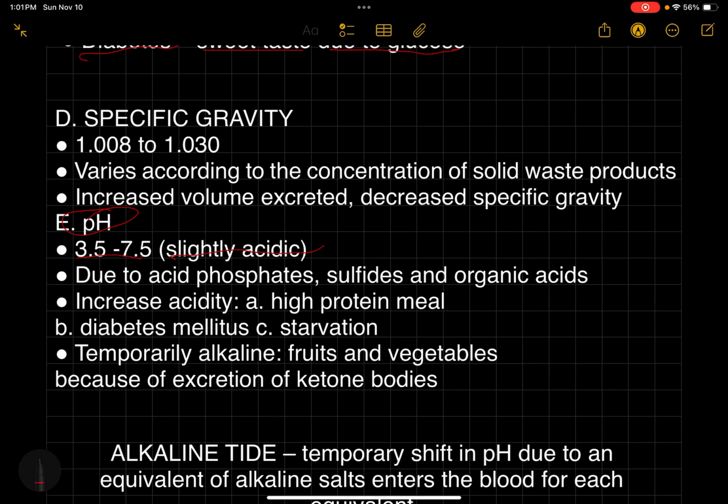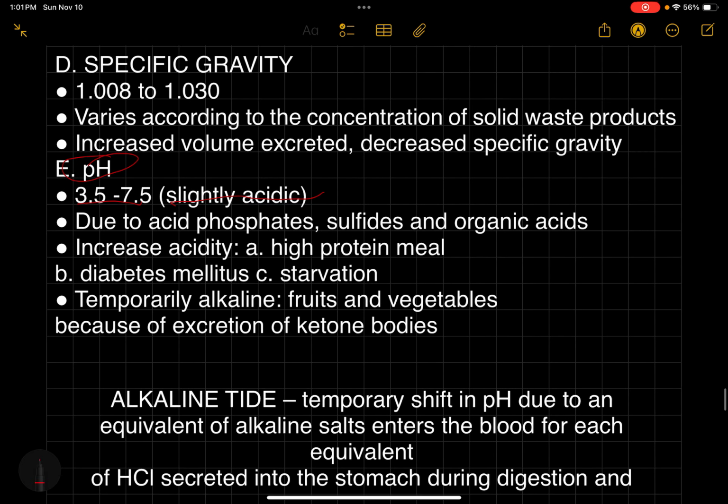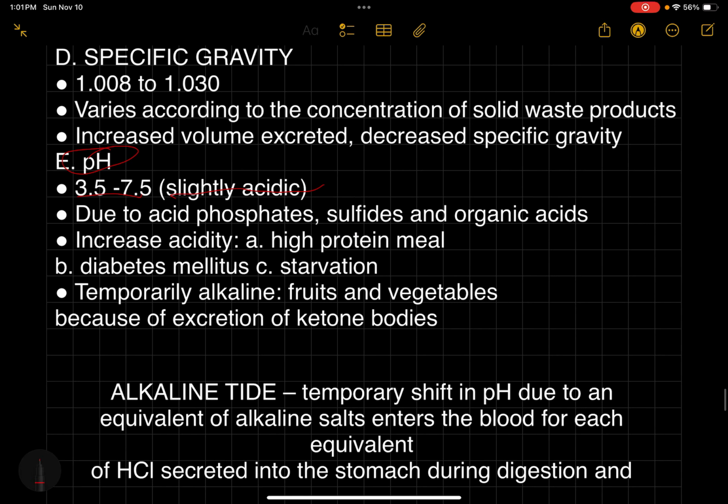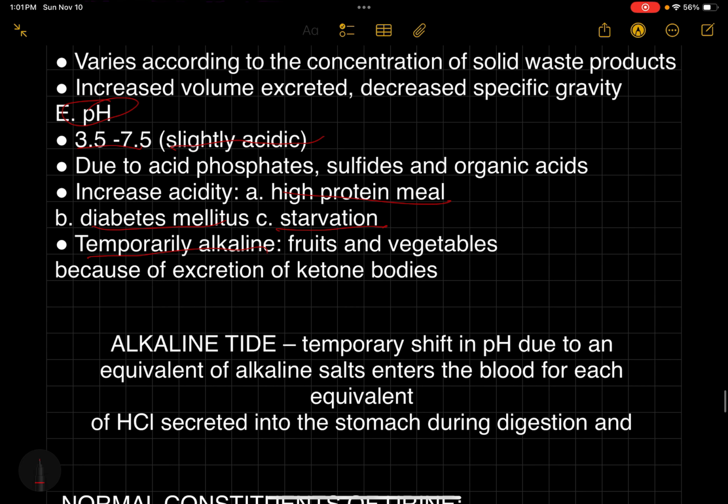When you perform it in your laboratory, you will see on the litmus paper that red stays red, since it is acidic, and blue litmus paper turns red because it is acidic. This is due to acid phosphates, sulfates, and organic acids. Acidity increases with a high protein meal, diabetes mellitus, starvation. Temporary alkalinity comes from fruits and vegetables, because of excretion of ketone bodies.